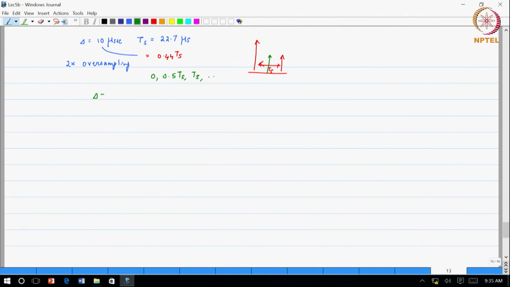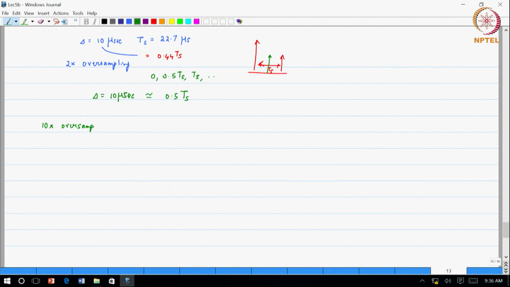So delta equal to 10 microseconds can be approximated as 1/2 or 0.5 TS, instead of 0.44 TS. Okay, you say that's okay, but not quite all right, because I am doing very high end work and I want to reproduce the concert hall very precisely. So then we say, okay, I will go to 10x oversampling.